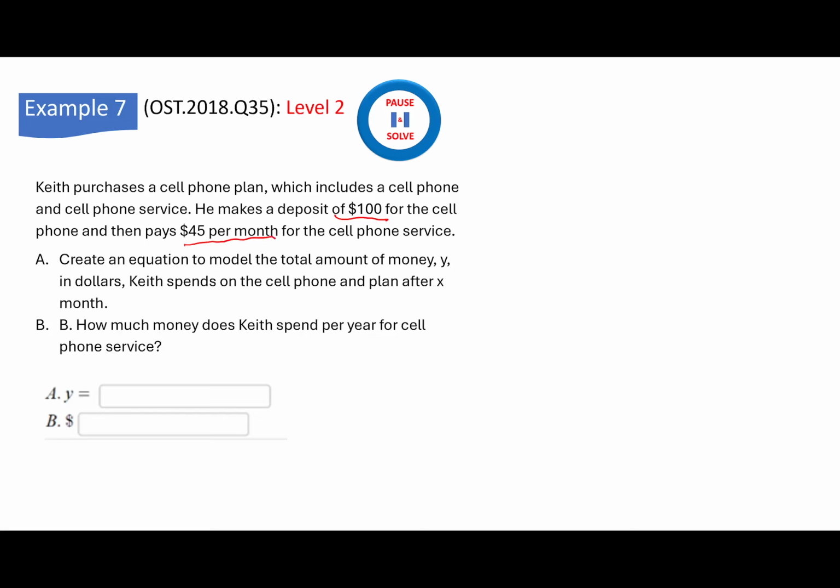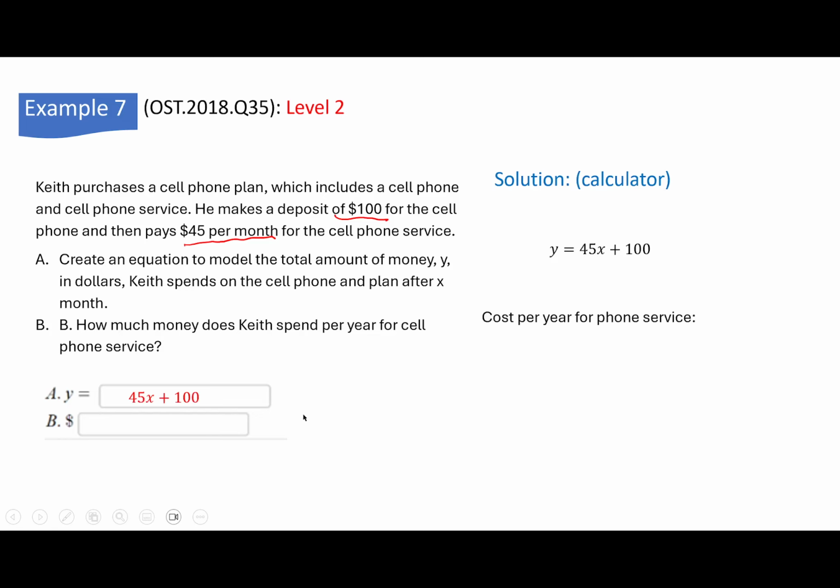Create an equation to model the total amount of money, y, in dollars Keith spends on the cell phone plan after x months. That's for A. So obviously y is equal to 45x plus 100. So every month, $45. 2 months, 45 times 2. 3 months, 45 times 3. Always plus 100. So that's what you put here.